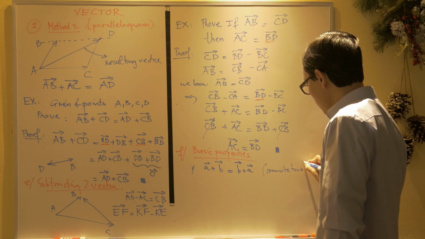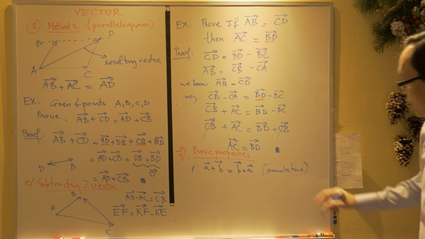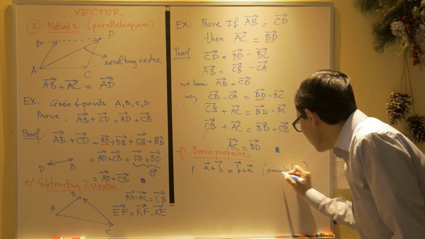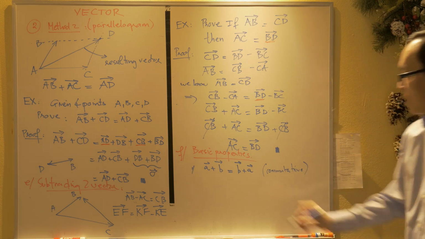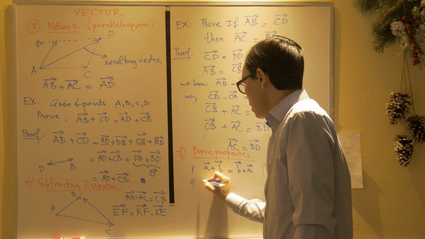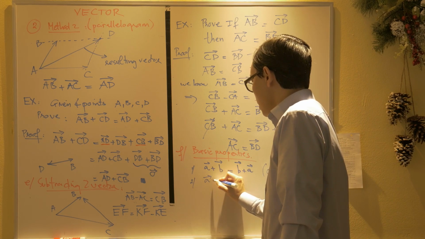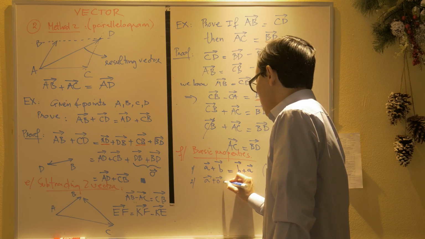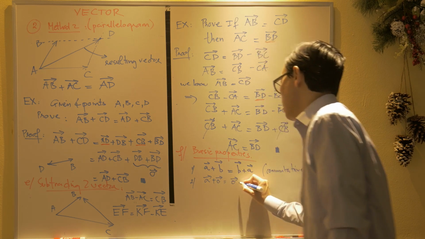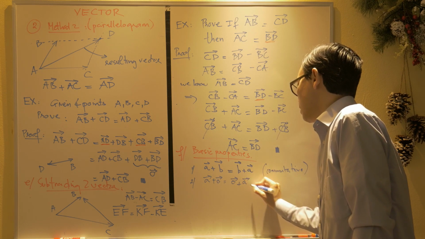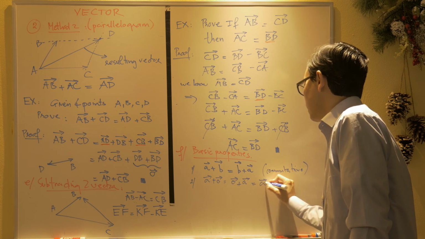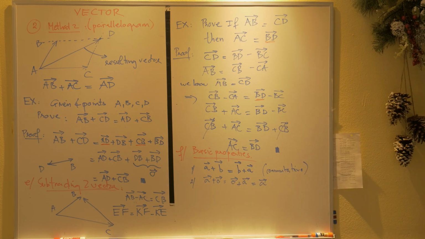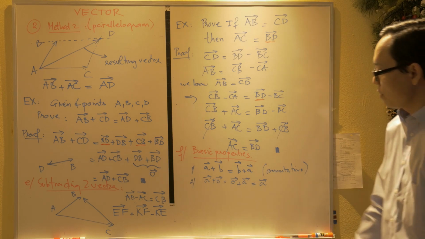If you have vector A plus vector 0, it's the same as vector 0 plus vector A, equal to vector A.